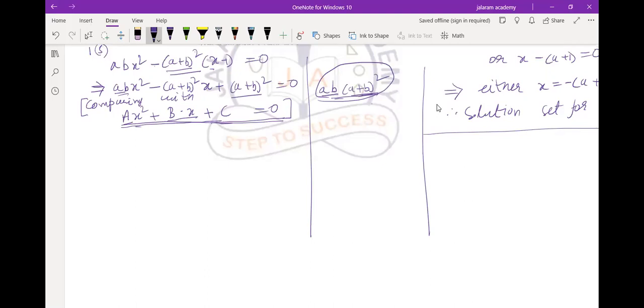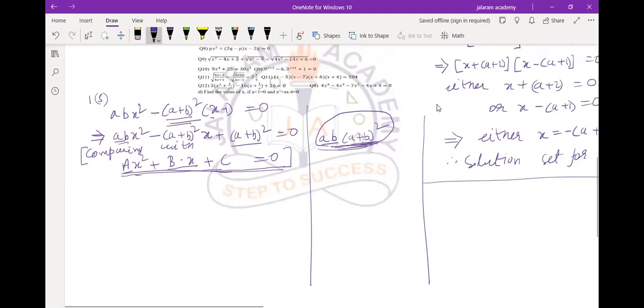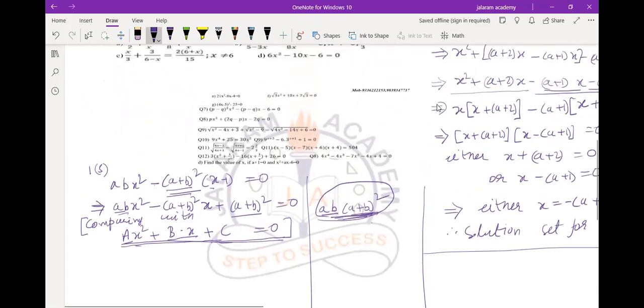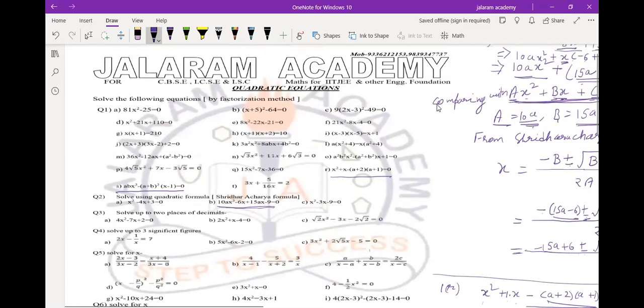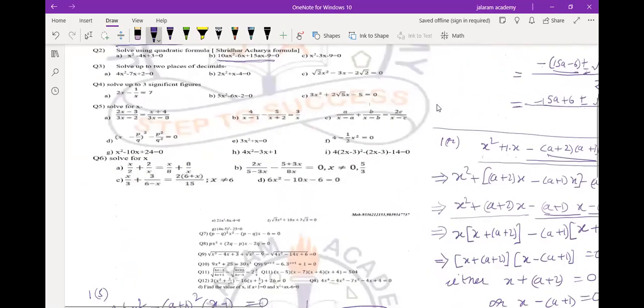Coefficient of x square is ab and the constant term is a plus b whole square. Check the question once more: ab x square minus a plus b whole square into x minus 1 equals 0.